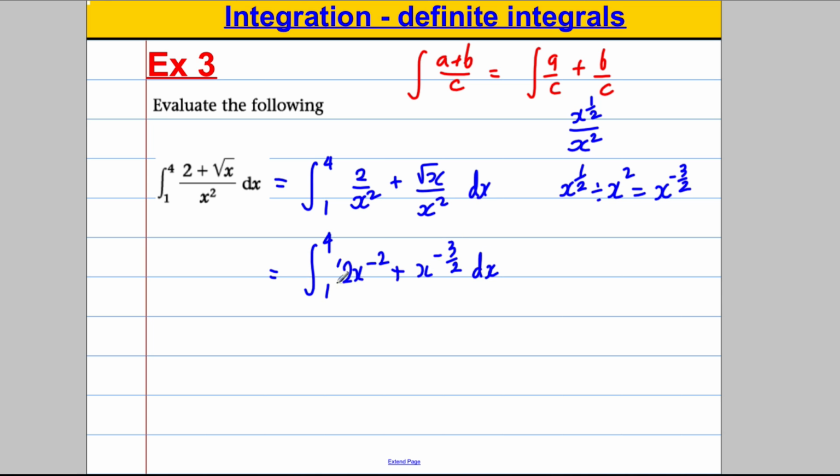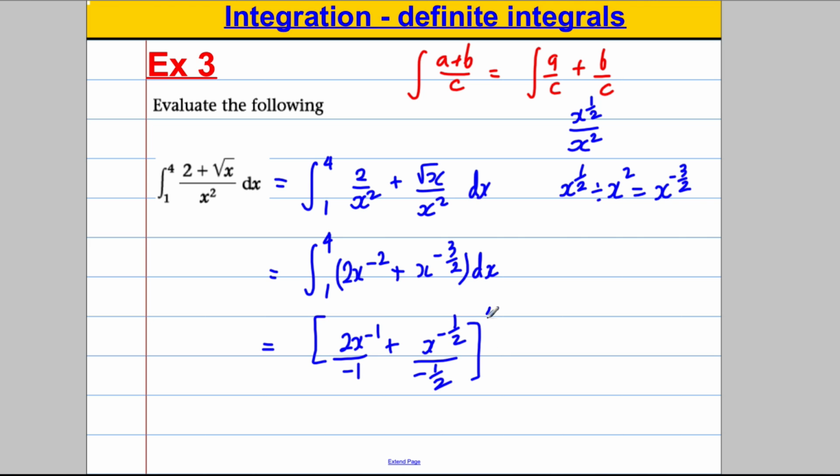Remember back to our Core 1 videos where before we even integrated, we did lots of work getting it split up into sums and differences, and writing it in index form before we integrate. Now we're ready to integrate. Square brackets, 2x, add 1 to the power and divide, plus x, add 1 to the power and divide.